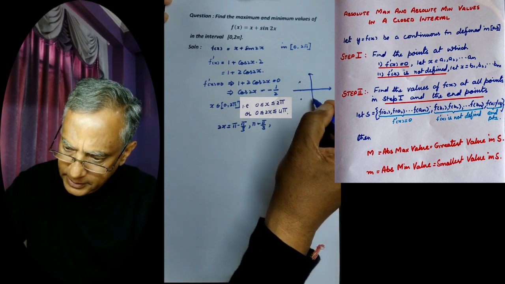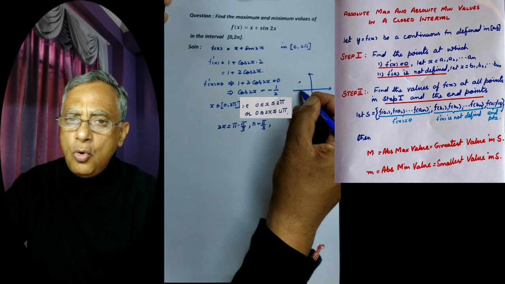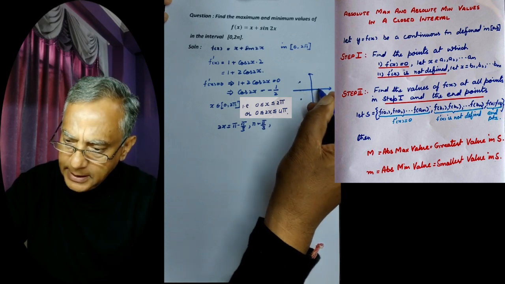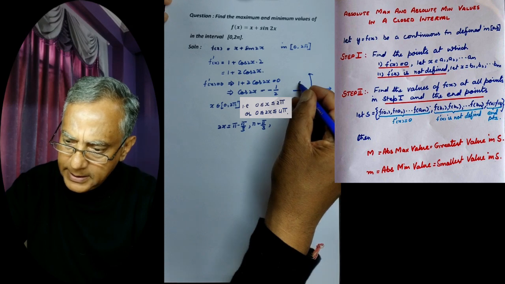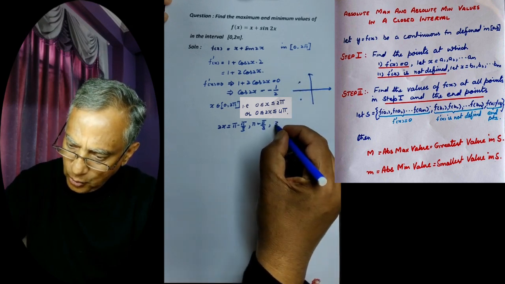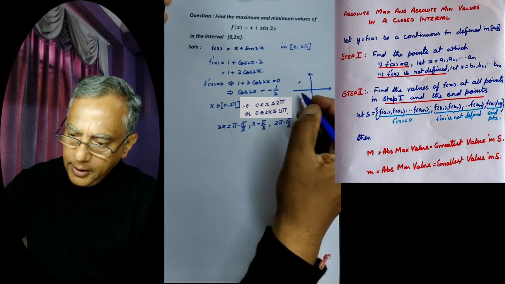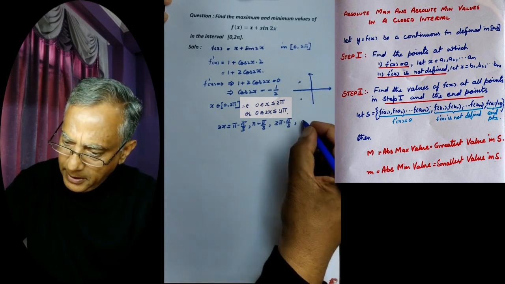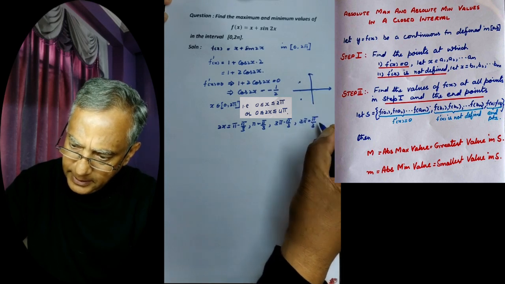And again this is 2 pi, this is 3 pi. We have to take the values from 0 to 4 pi. So this is 0, pi, 2 pi, 3 pi. The next value will be 3 pi minus pi by 3, and this will be 3 pi plus pi by 3.